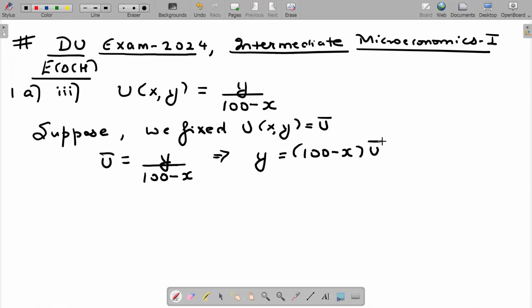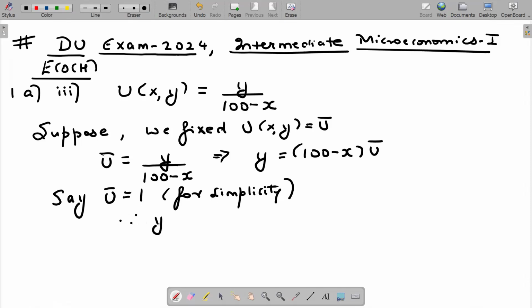Now let's take a value of u bar for simplicity. Say u bar is equal to 1, the simplest value I can take. Therefore, y will be 100 minus x. The moment I put u bar as 1, y is 100 minus x.